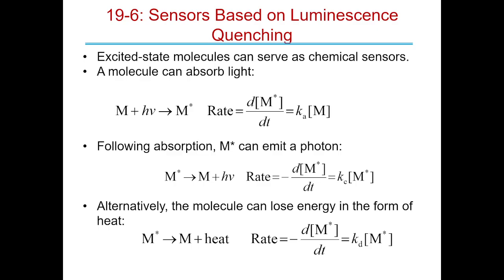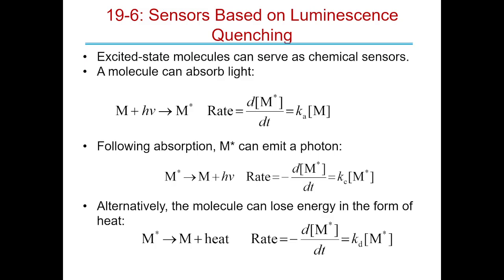Okay. So this is going to be sensors based on luminescence quenching. And notice the luminescence quenching. So instead of looking at the luminescence, we're looking at it quenching, right? Okay. And this is a very different type of spectroscopy, okay? Like there are different types of spectroscopy.